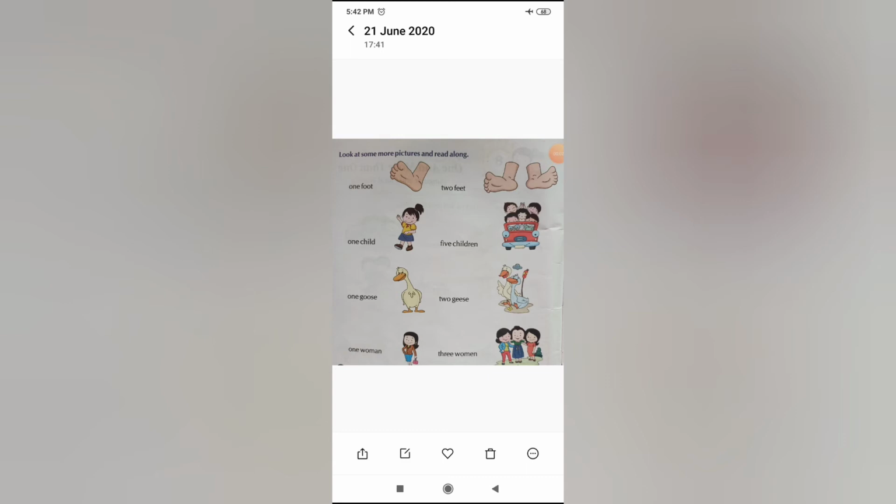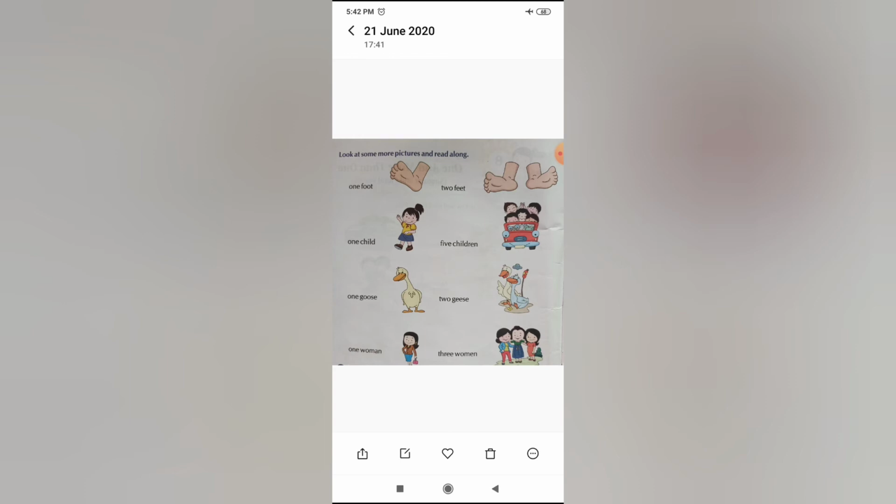Now just have a look at this picture. There are some nouns which, when converted into plural forms, make changes in the vowels inside the word. So you can see one foot. When it is 1 in number, we call it a foot.